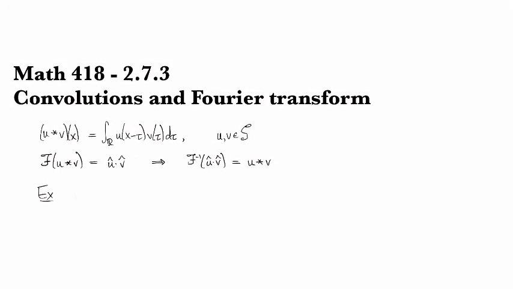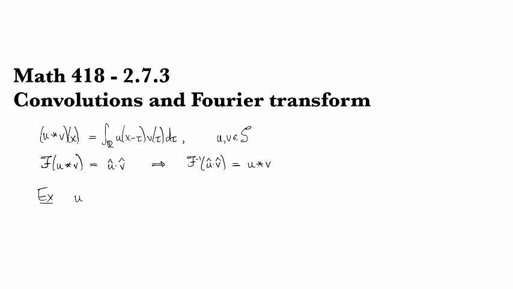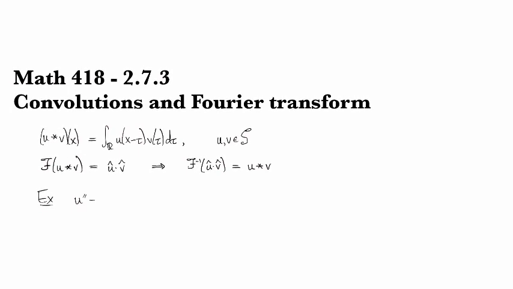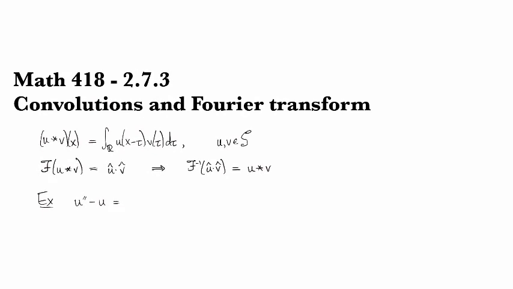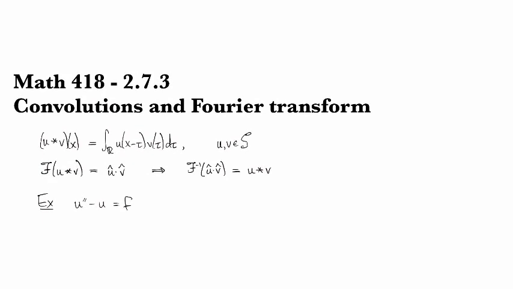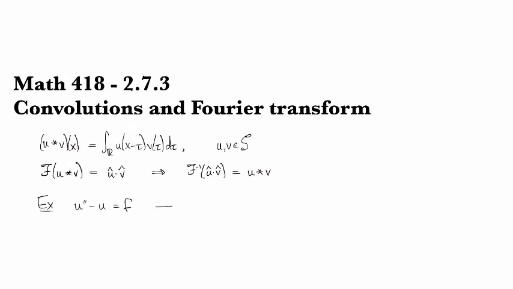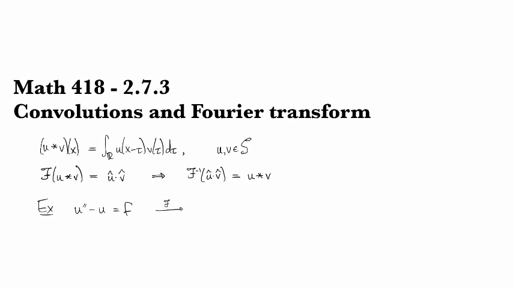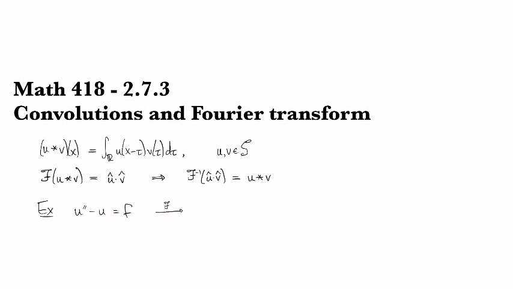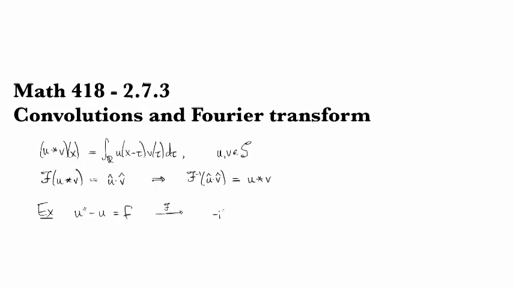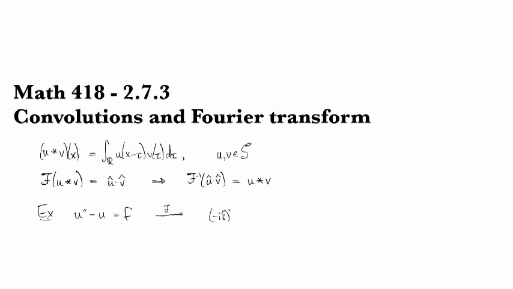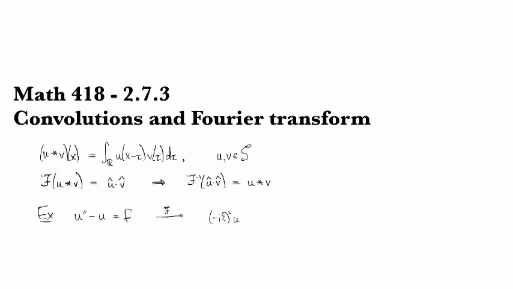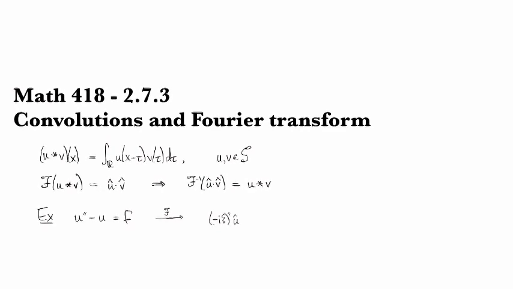We'll work out u double prime minus u equals f. So just a baby example. So we begin by taking the Fourier transform. And so the double derivative there is going to kick out a minus i xi quantity squared times u hat.